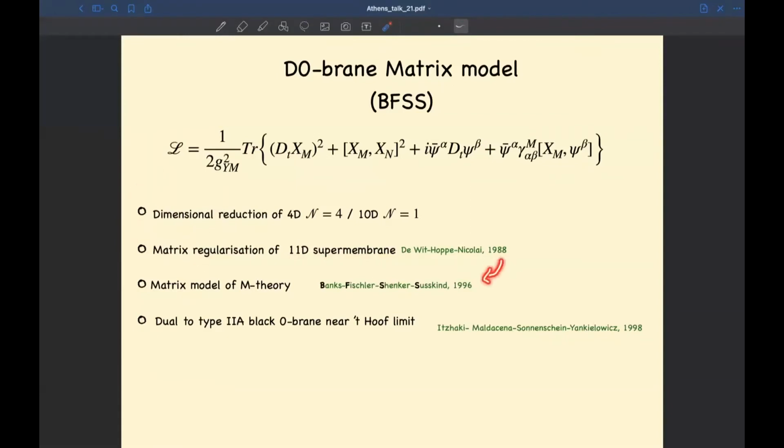Now, approximately 10 years later, BFSS proposed this specific model as a non-perturbative formulation of M theory in a specific limit.